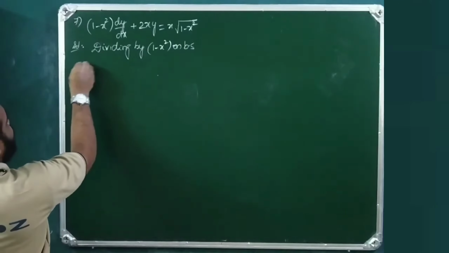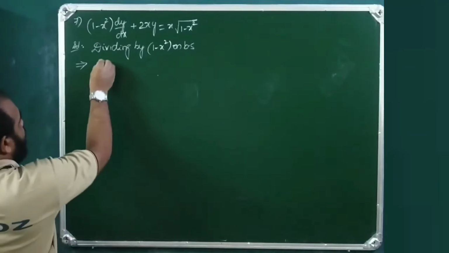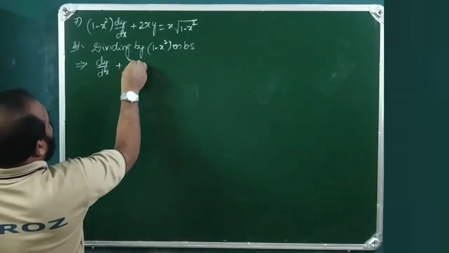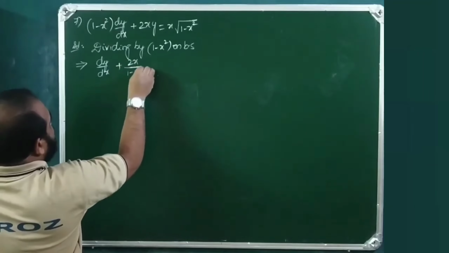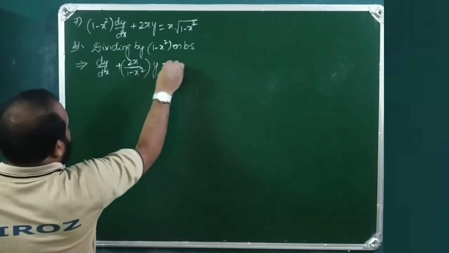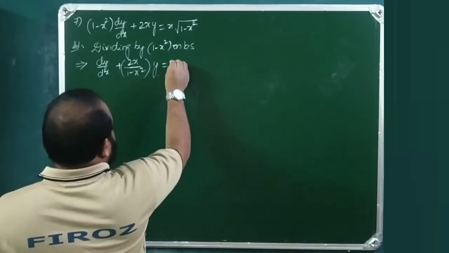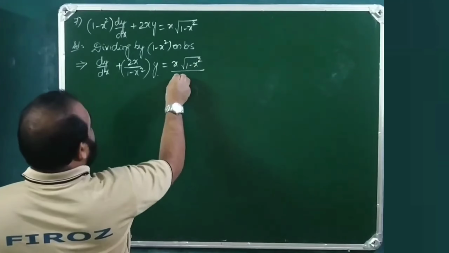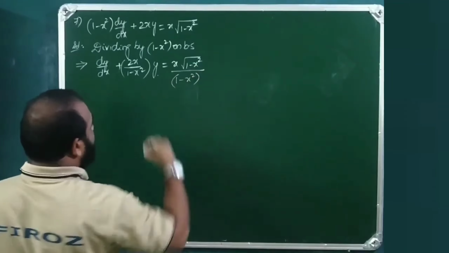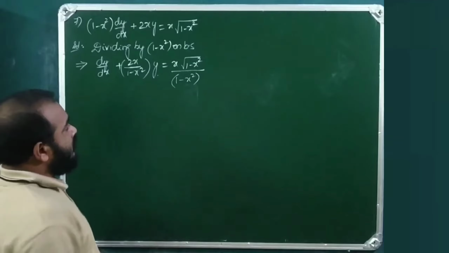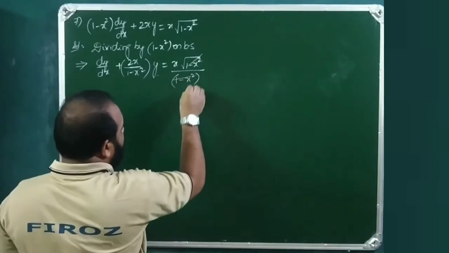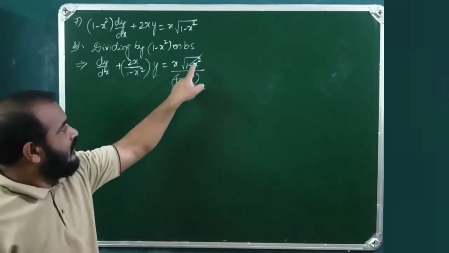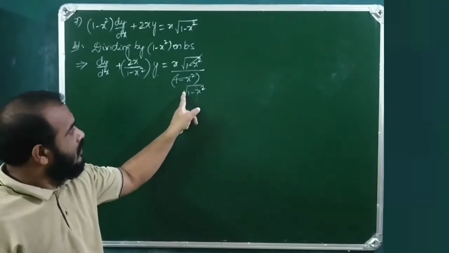So this is dy by dx plus 2x by 1 minus x square into y equals x into root 1 minus x square by 1 minus x square. So it will be root 1 minus x square, because this and this are the same.